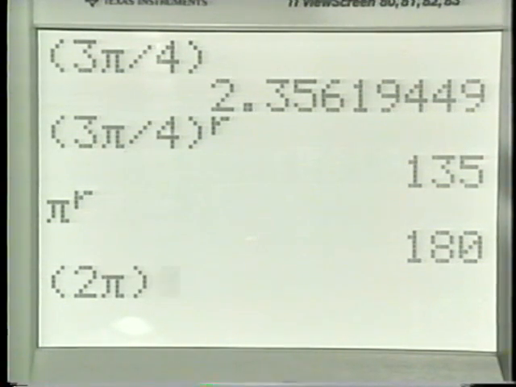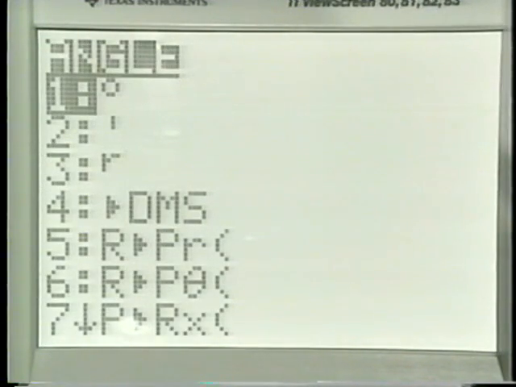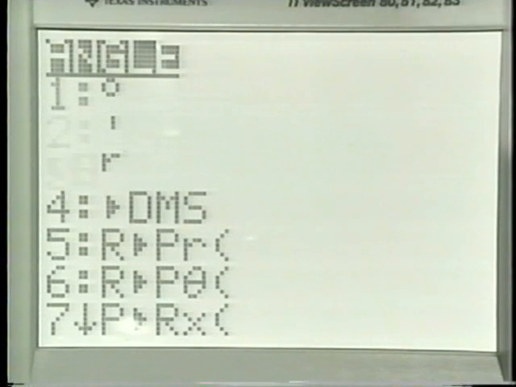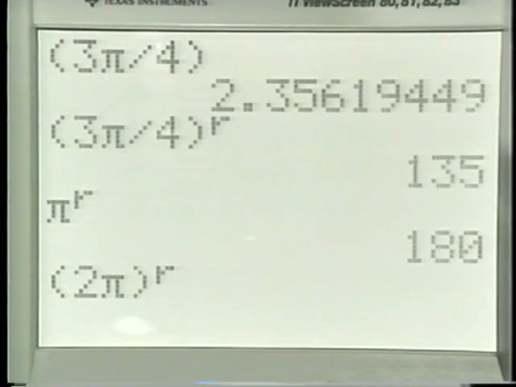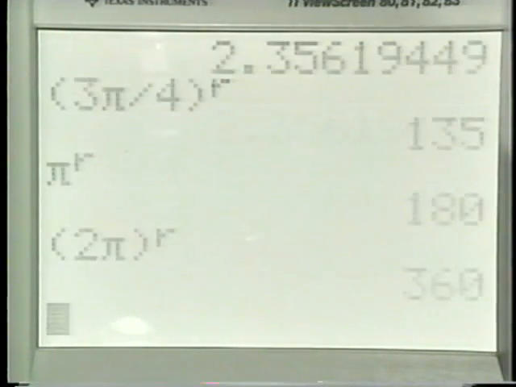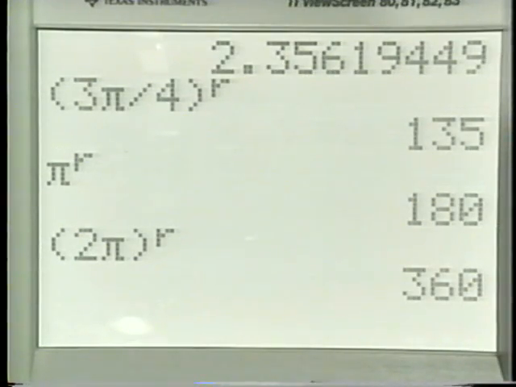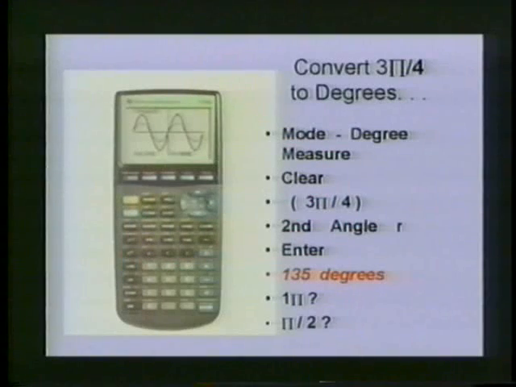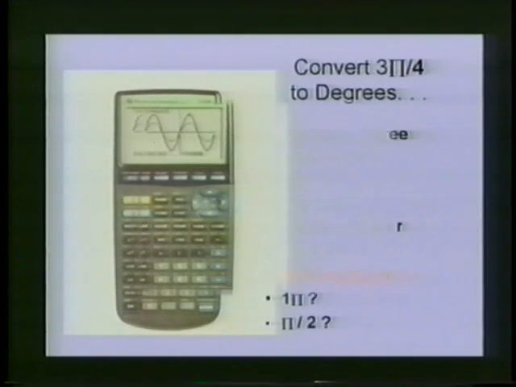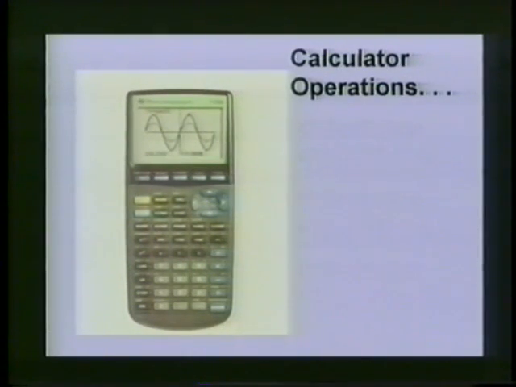Now I need my R, my radian, second angle, go down to it. There's your boy. Let's hit enter. Hopefully it's 360, and that's the deal. So it worked. Okay, you try it. Okay, I'm going to move on.